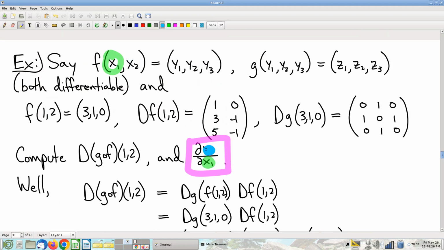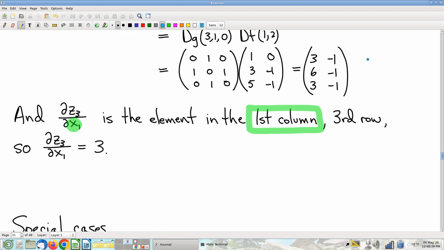Okay. All right, now let's think about the next aspect of what we've been asked about. We've been asked to compute a partial of Z3. What is Z3? Where's Z3 in this question? Here it is. It's the third output variable, apparently. Well, if it's the third output variable, that means I'm looking for the entry in the third row of my derivative matrix.